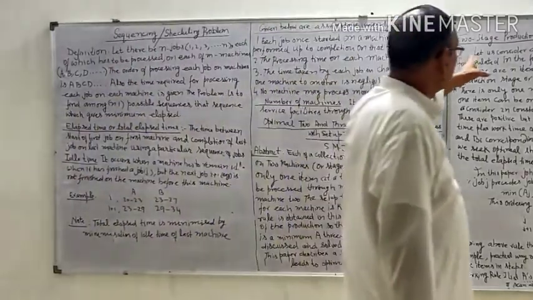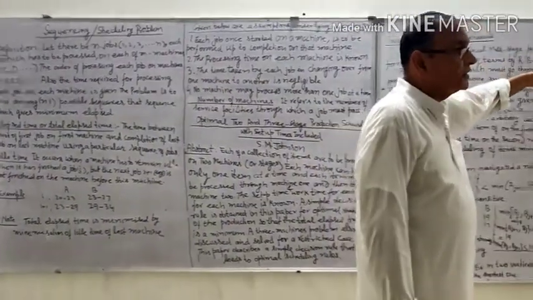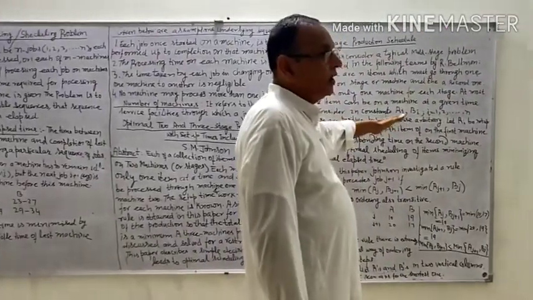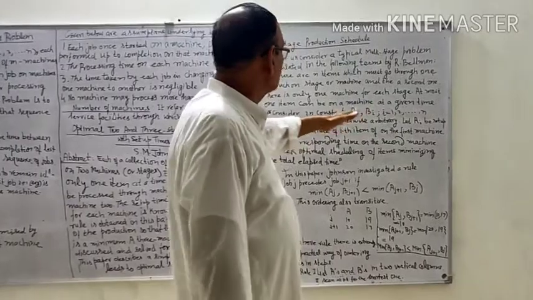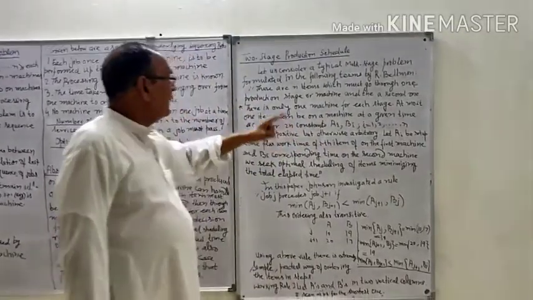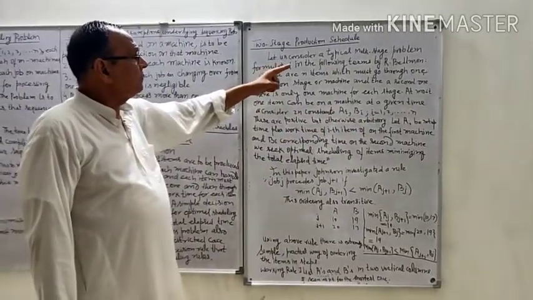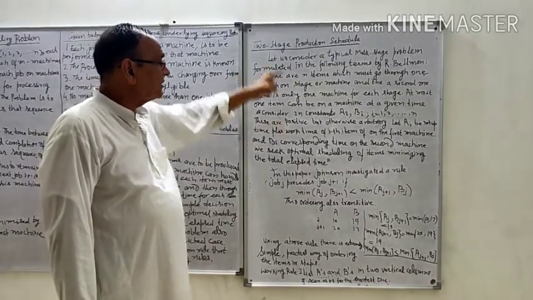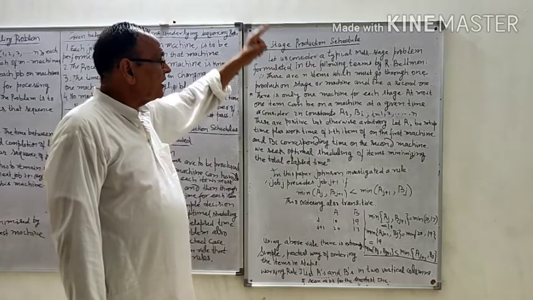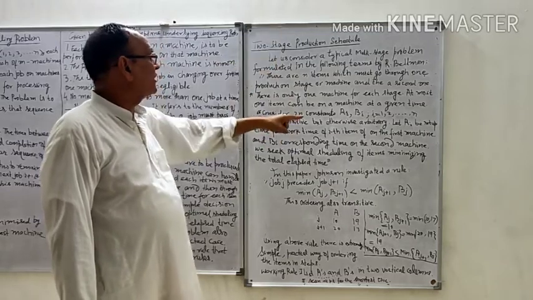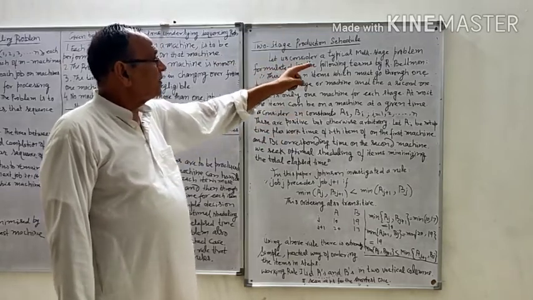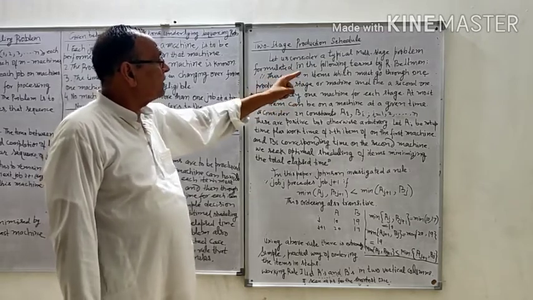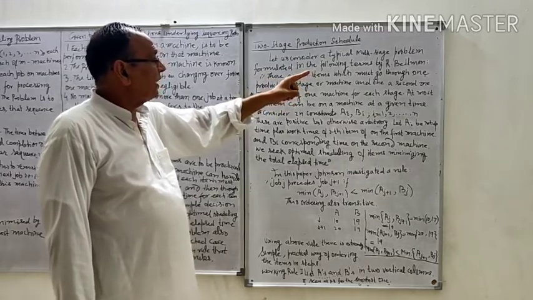Now the two-stage production schedule. This is also part of the paper published by S.M. Johnson. Let us consider a typical multi-stage production problem, as it was written by S.M. Johnson, formulated in the following terms by R. Bellman.